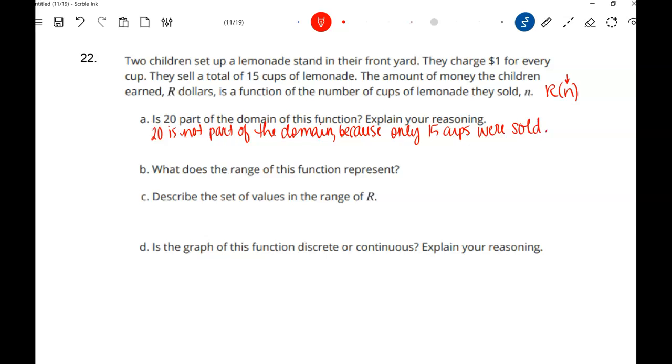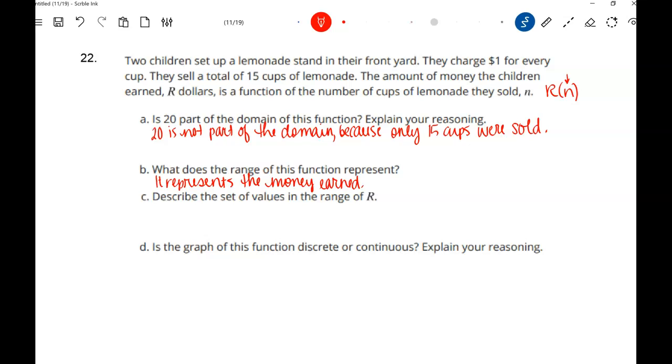What does the range of the function represent? It represents the money earned selling the cups of lemonade.